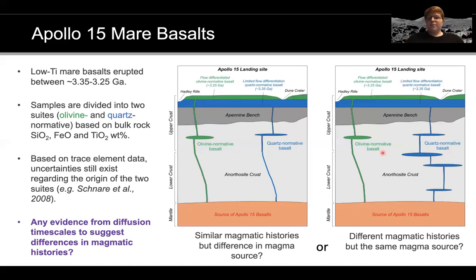And in turn, this would give us some indication about which of these two competing hypotheses about the origins of the two suites is more likely.